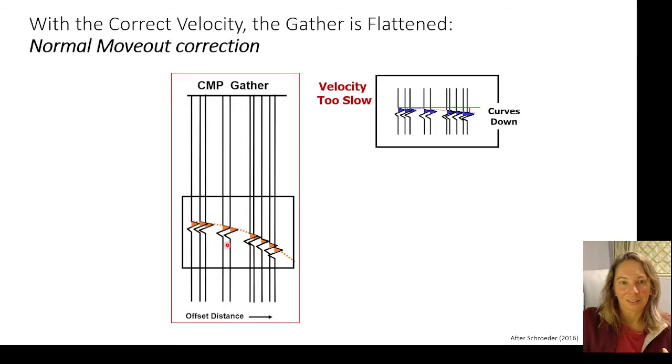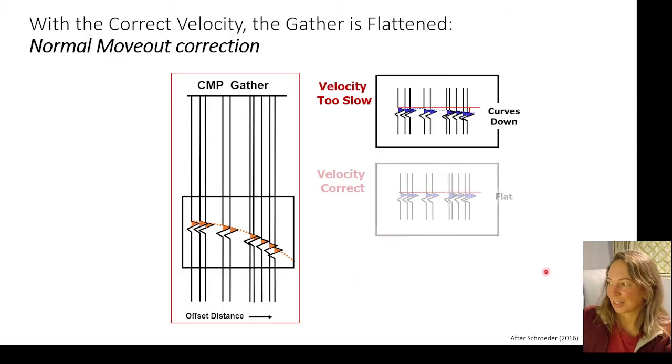Once we've got the CMP gather, we want to be able to stack it. So we have to figure out a good velocity that will help flatten the gather. Typically we test out different velocities until we get a velocity that's just right and it's been corrected properly, so the reflection won't curve too much.